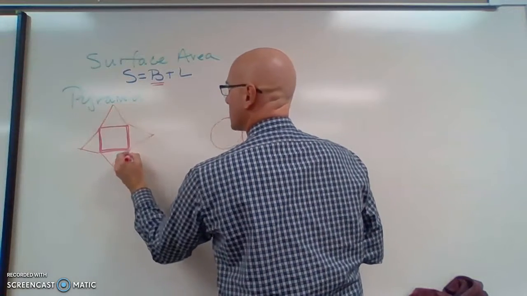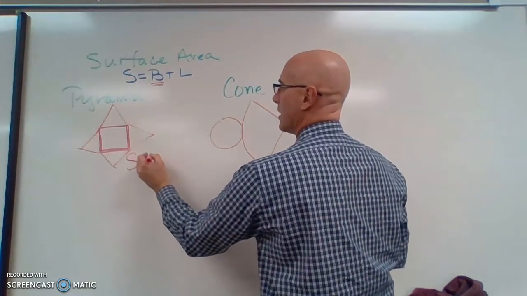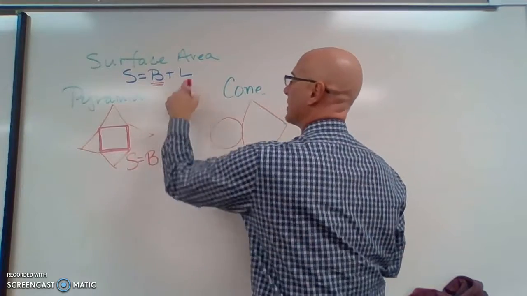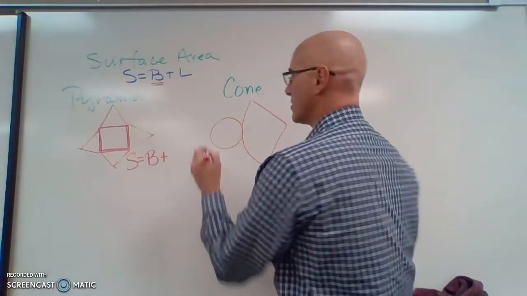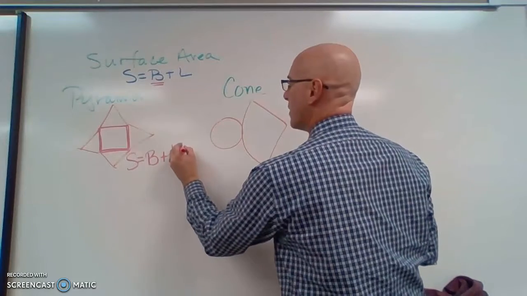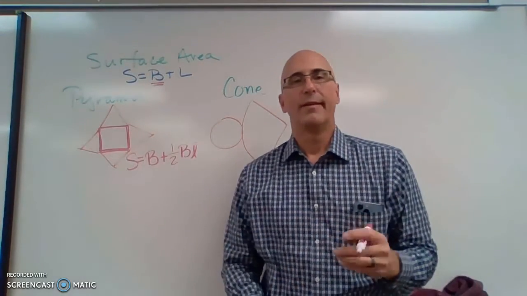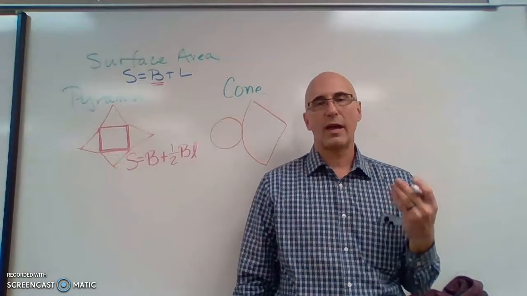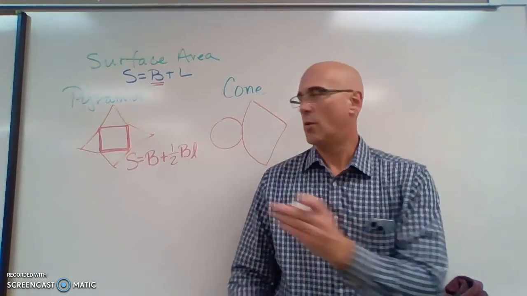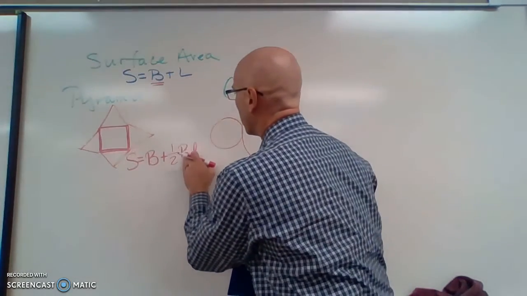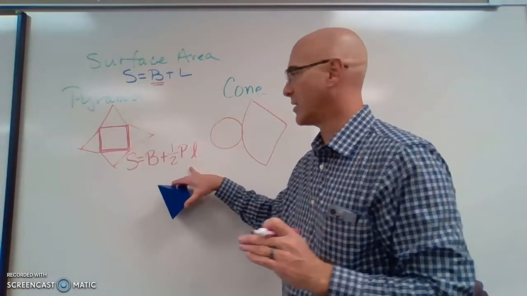So the surface area is the base plus the lateral faces. And that is 1/2 the perimeter times the slant height. A cursive lowercase l is the slant height. Oops, I meant the perimeter: 1/2 times the perimeter times the slant height.